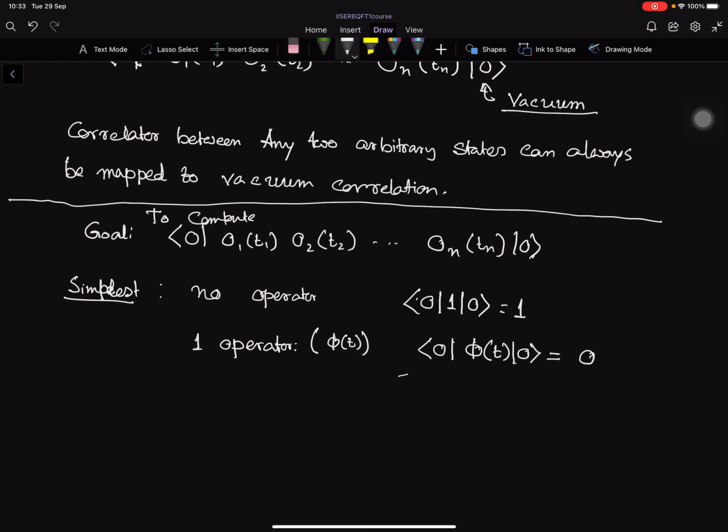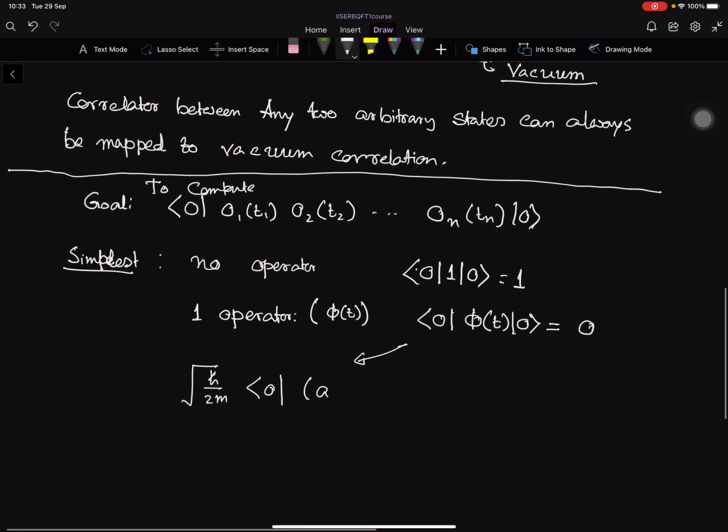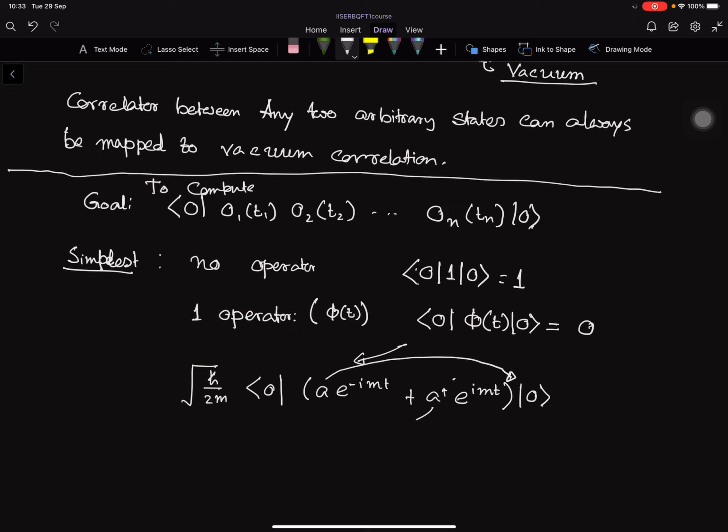So how do you do that? This is sqrt(h bar over 2m) times a plus a dagger. This acting on this gives you 0, and this acting on this gives you 0, so this quantity is 0.